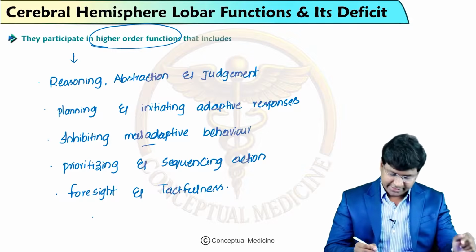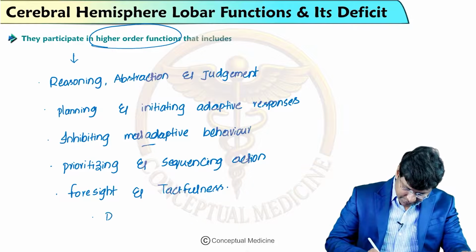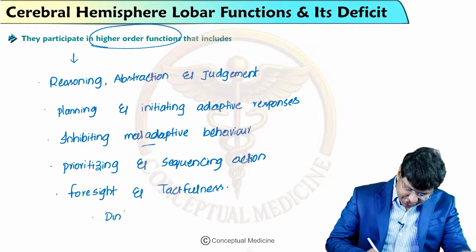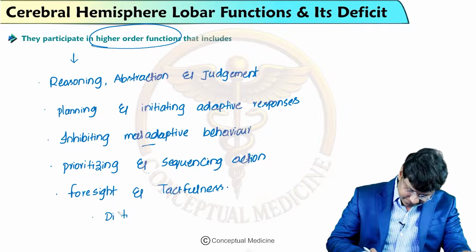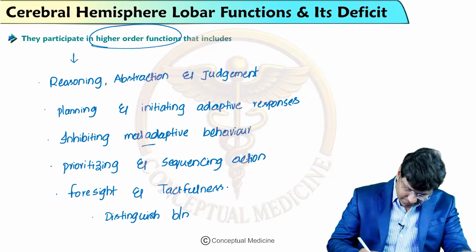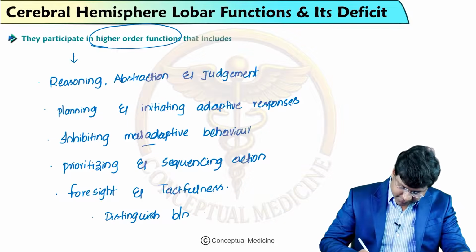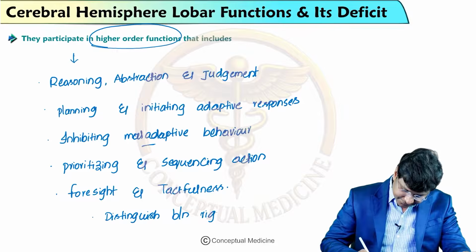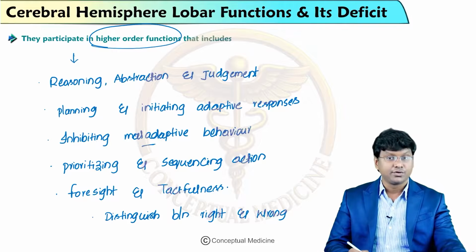And the frontal lobe also helps you to distinguish between right and wrong. Right, between right and wrong.